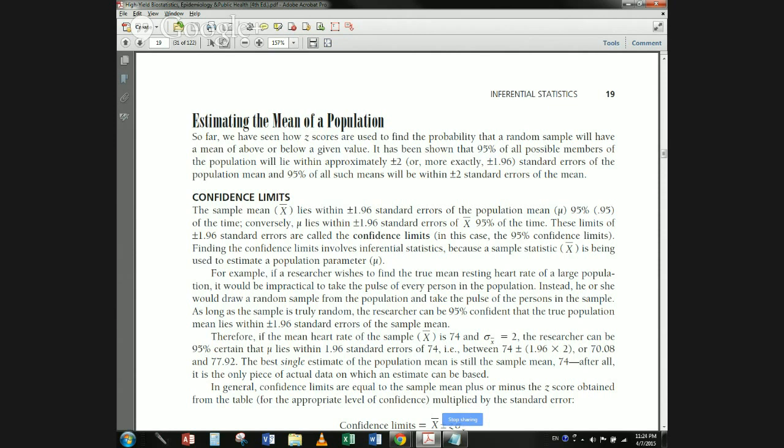So the best single estimate of the population mean is still the sample mean, which is 74. After all, it is the only piece of actual data on which an estimate can be based.